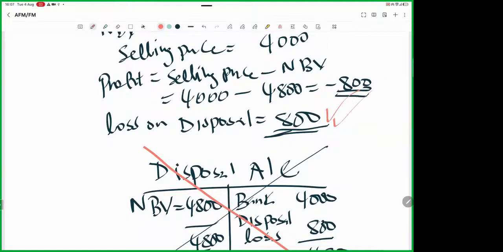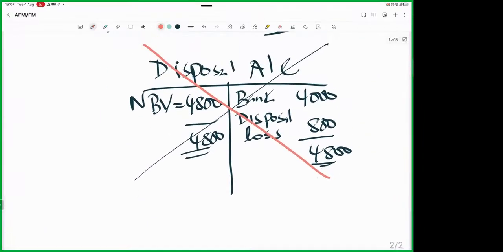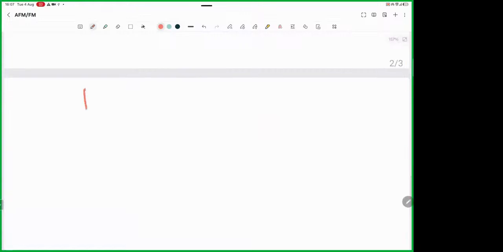When you get a loss on disposal, what happens with you and the KRA? If it was a profit on disposal, KRA would have told you, pay us tax on that profit you earn. But now that you've made a loss, what is going to happen? When we make a loss, we get tax savings.